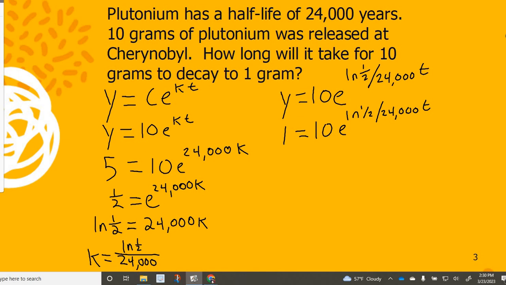Divide by 10. Okay? So we get 1/10 equals e to all of that stuff. And then do the thing with the e. I need to take a natural log. Yes.